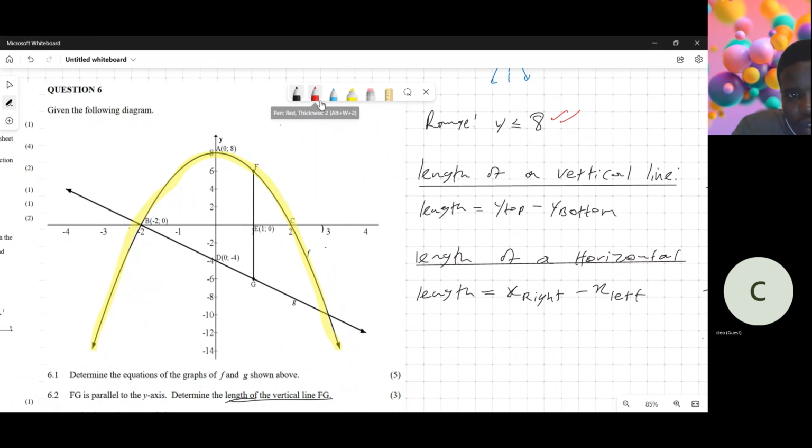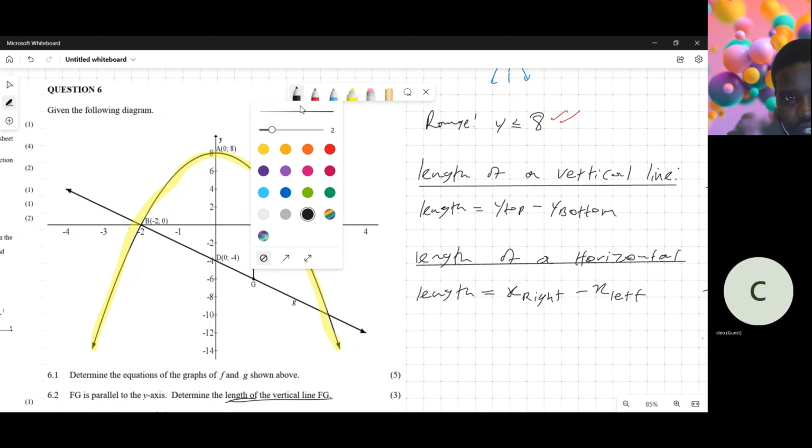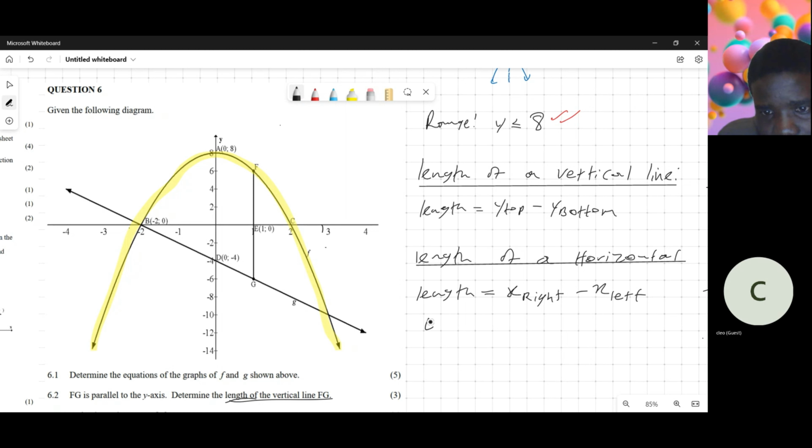If we do it here, the length of BC, your horizontal length, will be x at C minus x at B, because if you check, your C is on the right side and your B is on your left side.